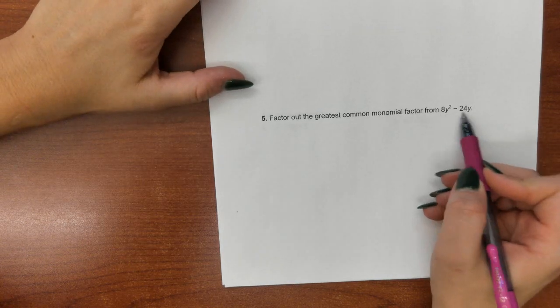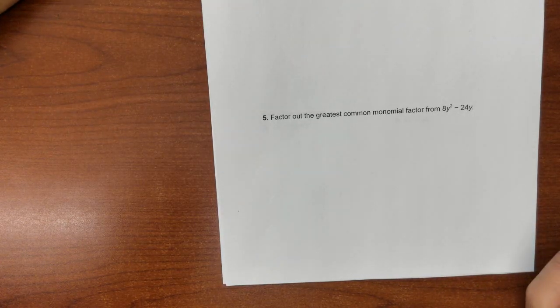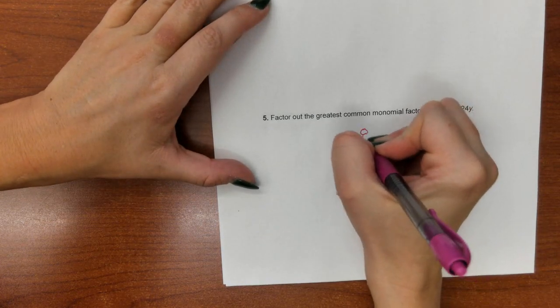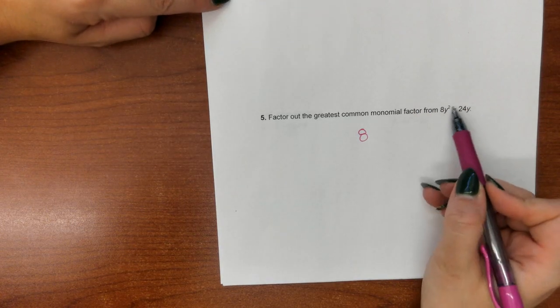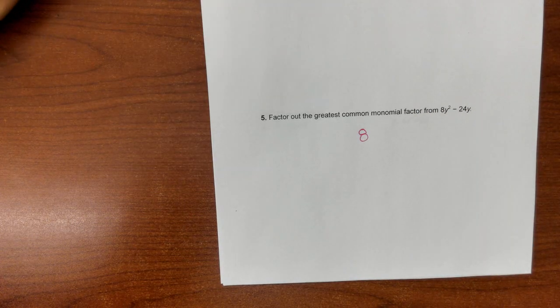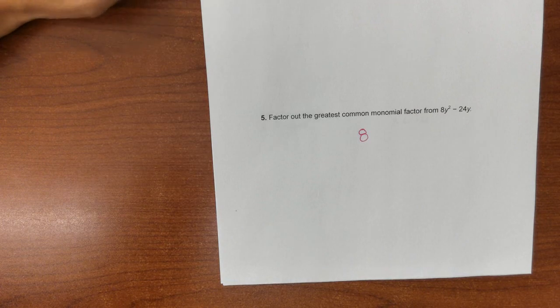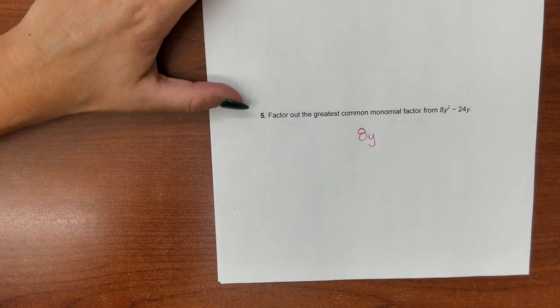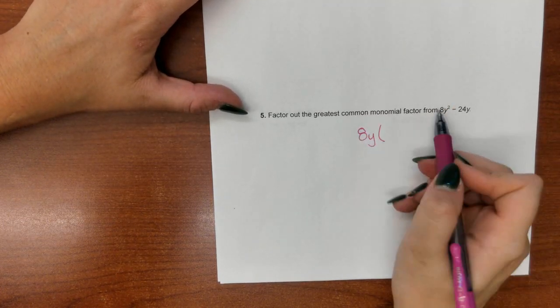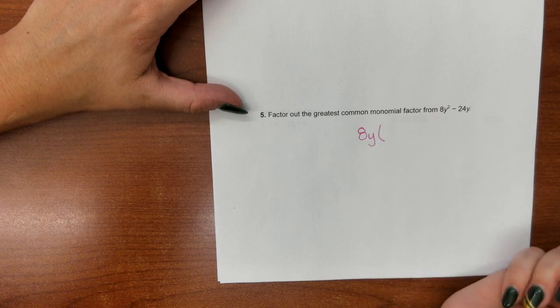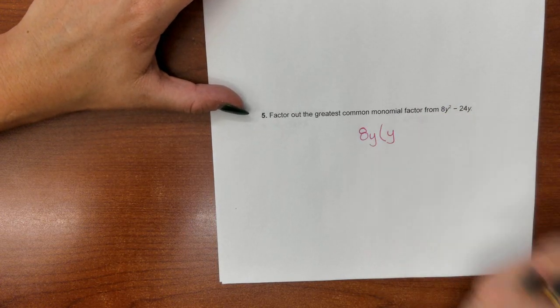All right, so 8 and 24, what's the highest number they have in common? 8. Y squared and y to the first, what's the highest number of y's they have in common? 1y. If I take 8 of 8 and one of the y's away, I'm only left with 1y.